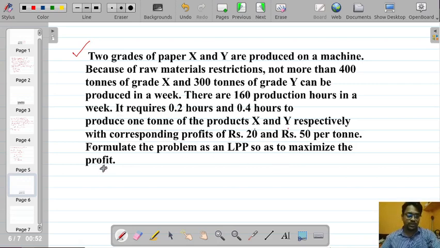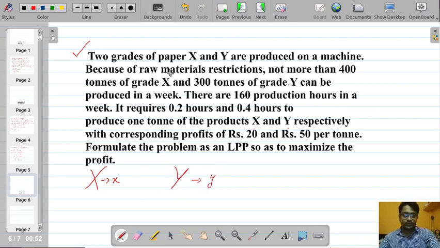There are two types of product, capital X and capital Y. Let us suppose that small x units of capital X are produced per week, and small y units of capital Y are produced per week.